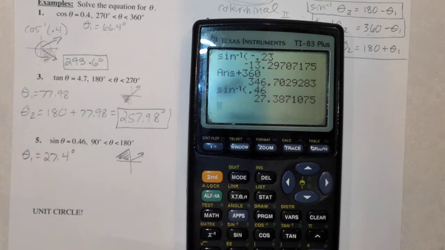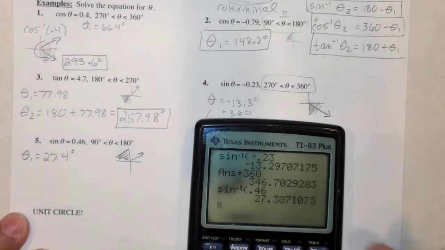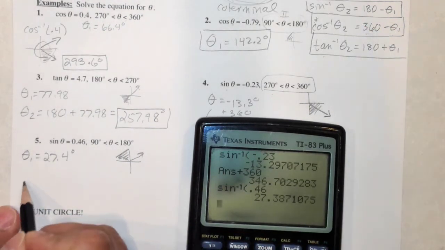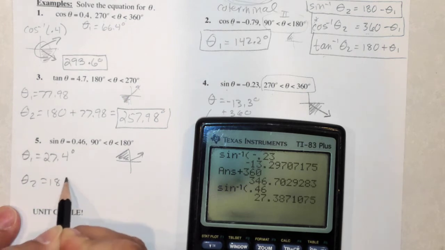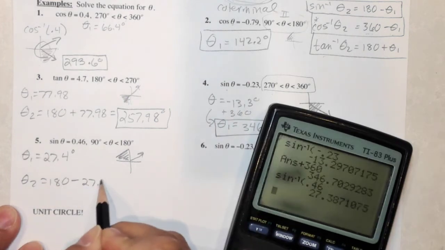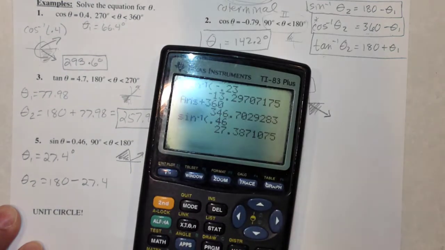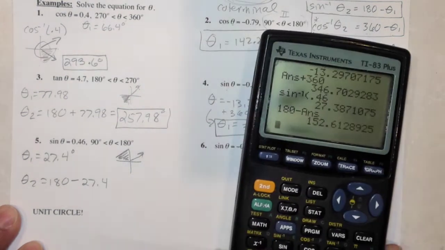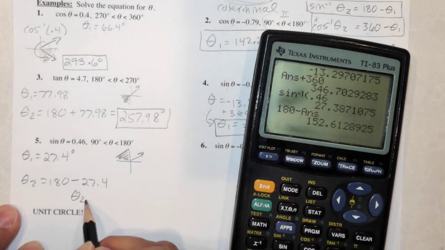So adding 360 won't help because I don't need something that ends in the same spot. I need to go for my other option. And with sine, my other option is found by taking 180 minus the value I just got from my calculator.